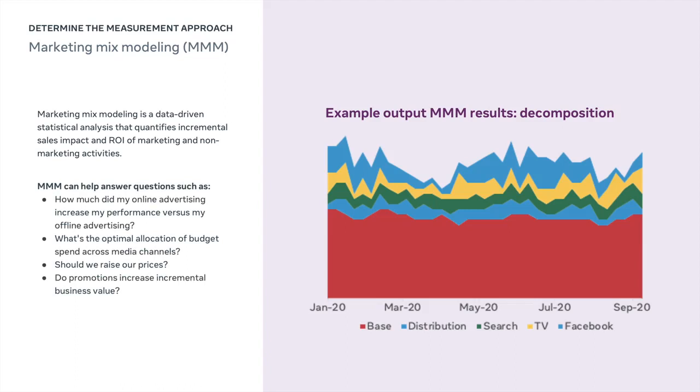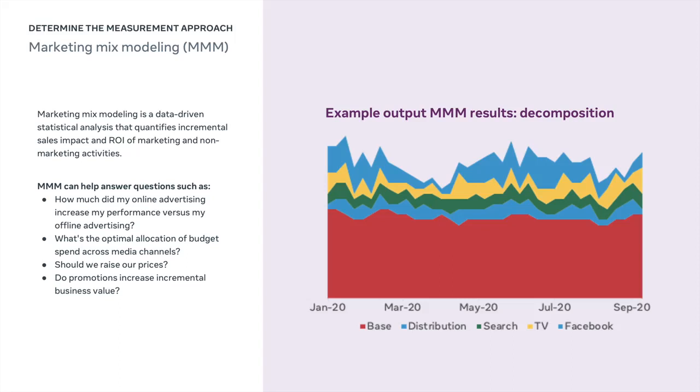Marketing mix modeling doesn't just report return on investment or cost per outcome. You can use the model output to plan different scenarios and perform forward-looking simulations and optimizations and make informed strategic decisions. Here are a few examples of questions MMM can help you answer.